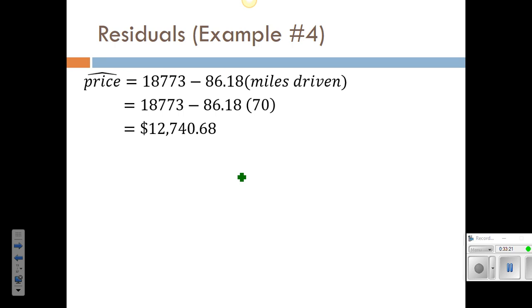All right, so my question is, how do you find the residual? We do not need to plug in the x value. We just need to do the residual, which is the observed minus the predicted, correct?